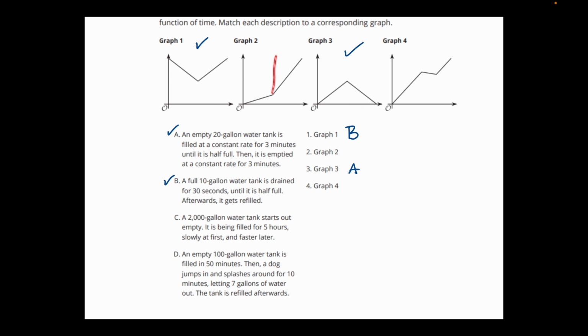The more vertical my graph goes, or the closer to vertical it gets, I know the faster it's going to be filling. So graph 2 would match up with C. So C matches here, which is graph 2. And then for number 4, we're still going to make sure that D matches with it, just because we want to make sure that we're correct.